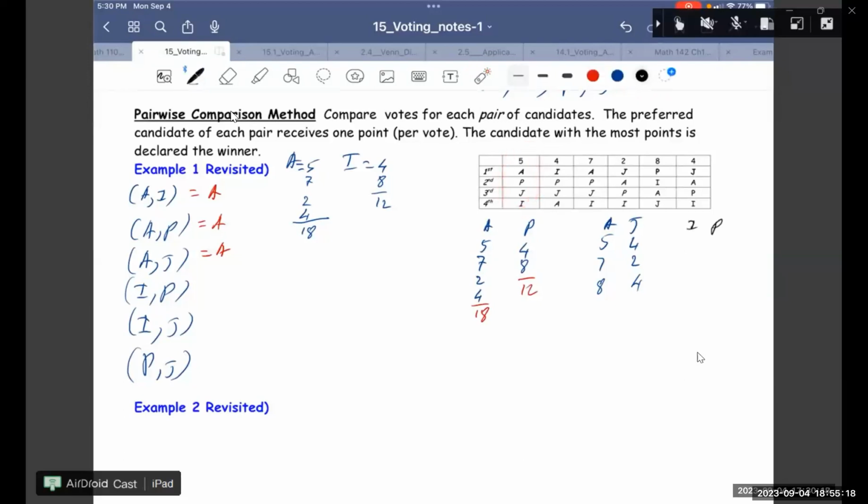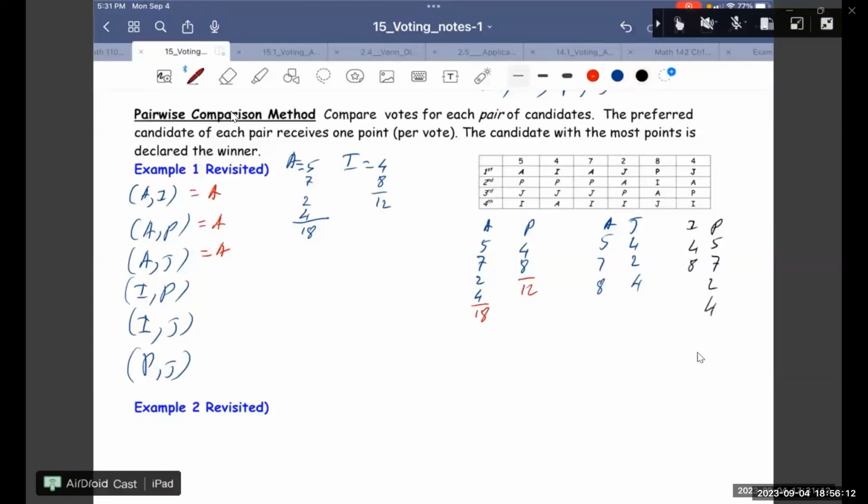P, 5, I, 4, the next one, P 7, P 2, and 8, and 4.